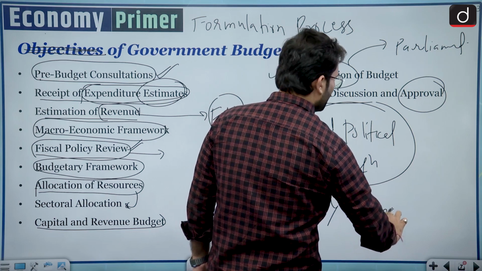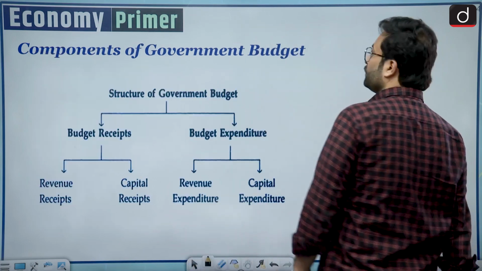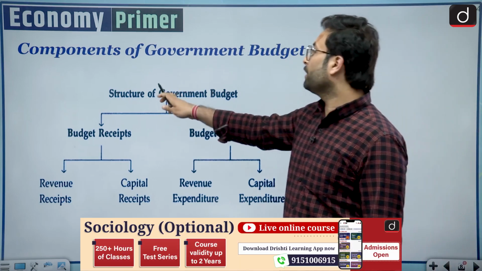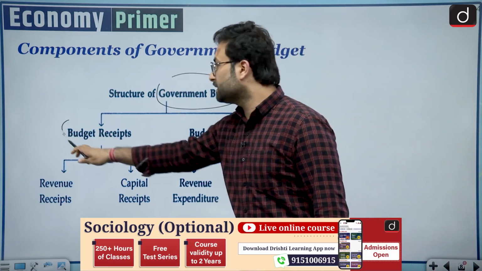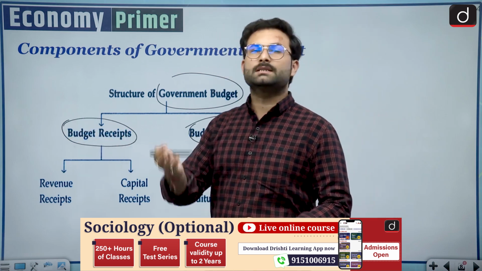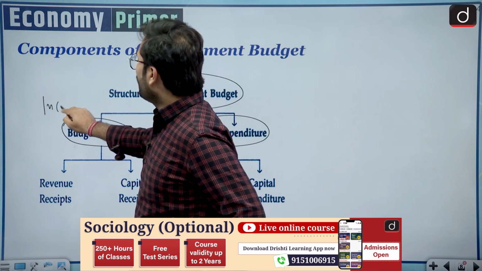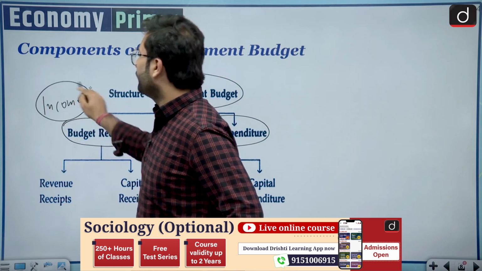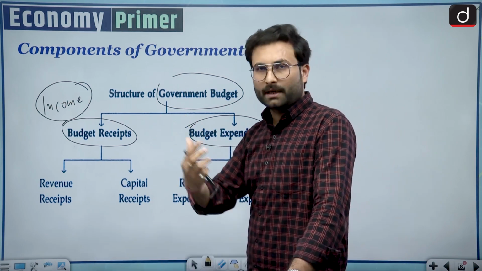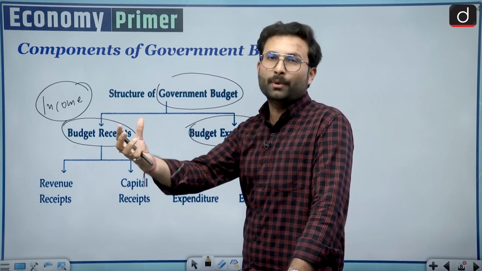Okay. Now moving further, here you can see various components of budgets. When we are talking about government budget, there are budget receipts and budget expenditure. Receipt is something incoming, whatever government is getting into their fund, that is income, or the money government is receiving.